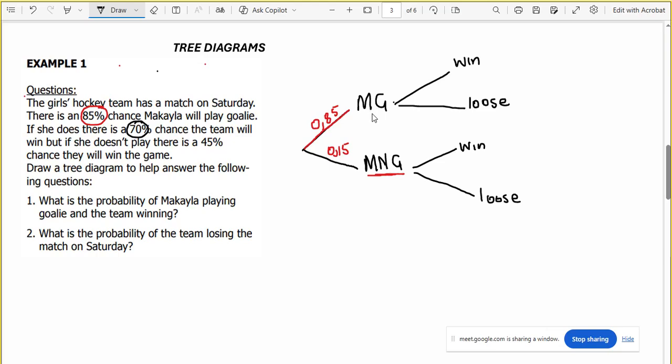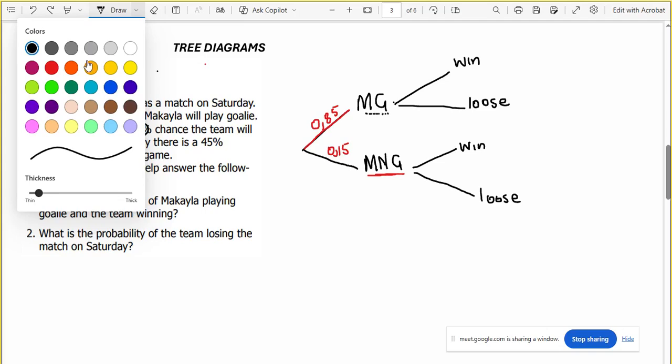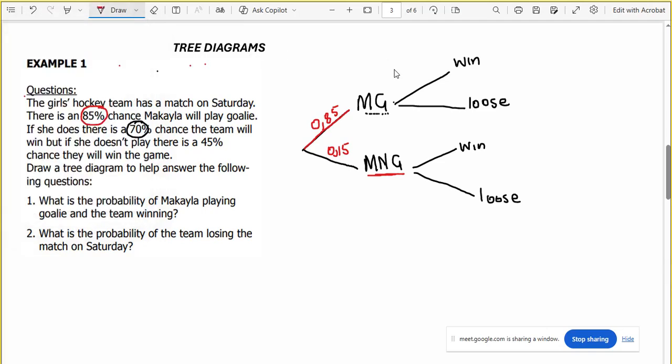So if Michaela plays goalie, what is the percentage of winning? 0.7. You understand? Yes. 100% you have. I hope you really do understand, right? I do. So this is 0.7. And now, if this is 0.7, what should we write here?